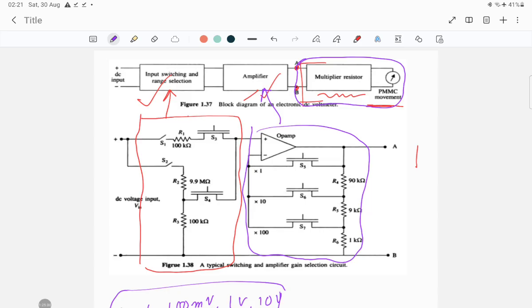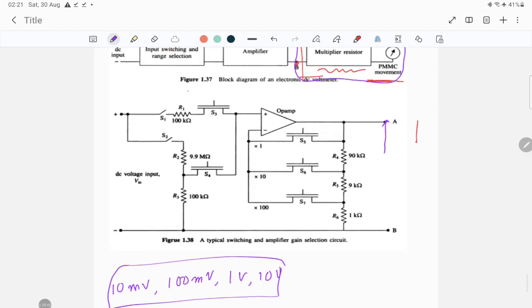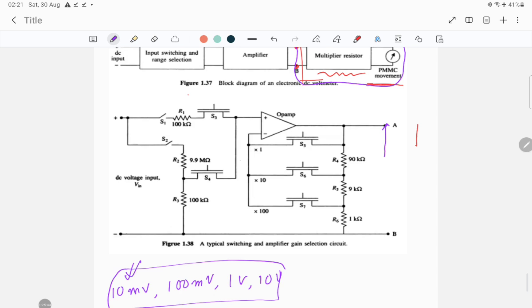So at this point, you have to provide 1 volt. Whatever range you select, say 10 millivolt, if your input signal is 10 millivolt, then at the output side the maximum is 1 volt.